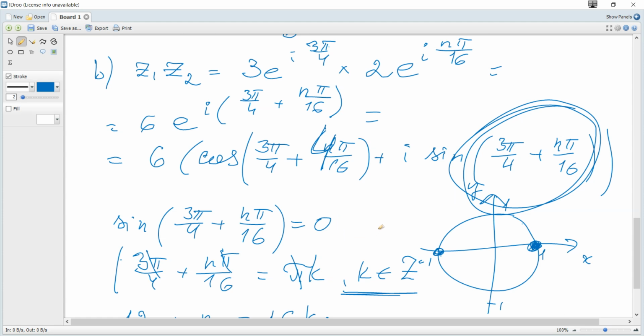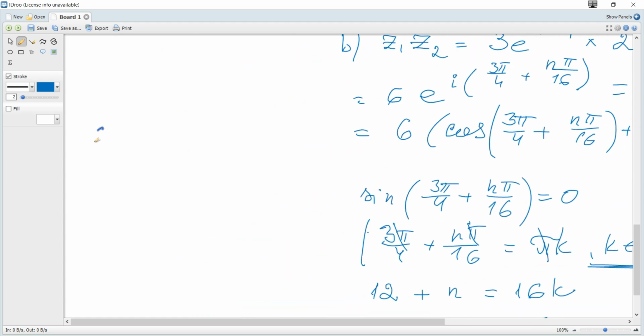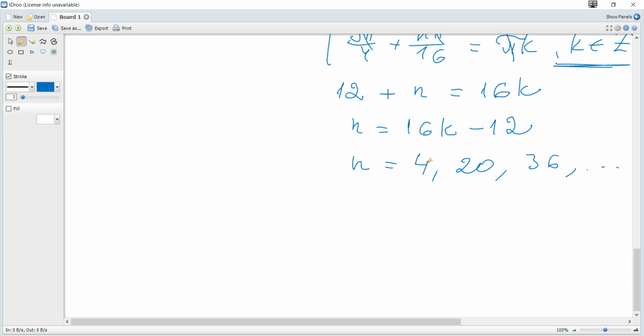It becomes 6 cosine of what? 3 pi over 4 plus 4 pi over 16, or pi over 4, and together it becomes 4 pi over 4, which is cosine of pi, but cosine of pi is negative 1. So for n is 4, it will be a real number, but negative.